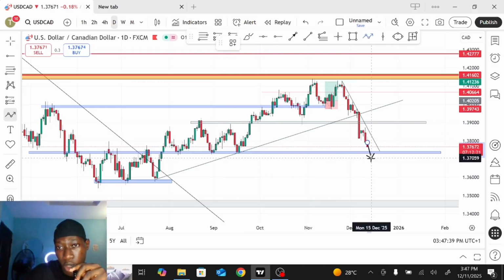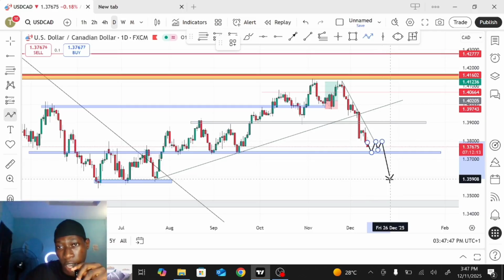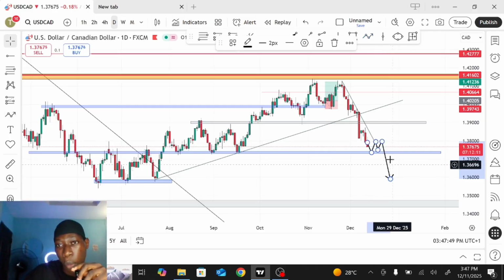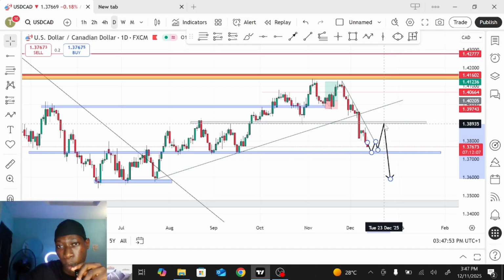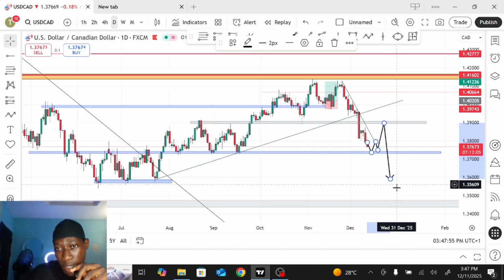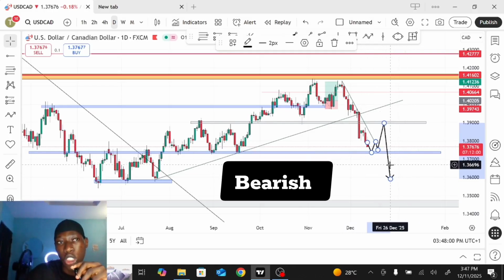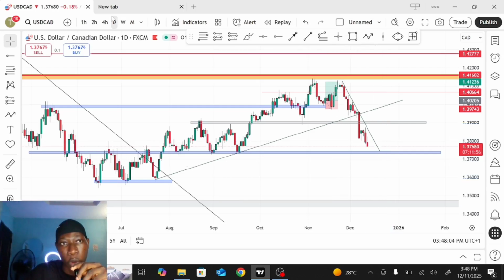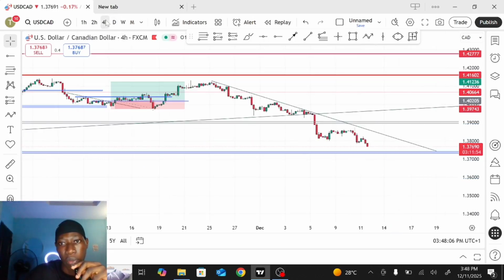The market comes to this level, struggles to take out this particular level, probably does some of its things and then breaks to the downward side, or the market most likely starts pushing up towards this upward side here, and then starts dropping to the downside. But I am fully bullish on USD CAD. Do you understand? So let me go to the 4 hours time frame so that you understand properly.